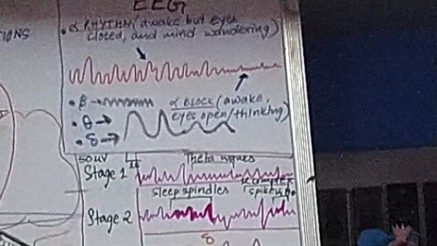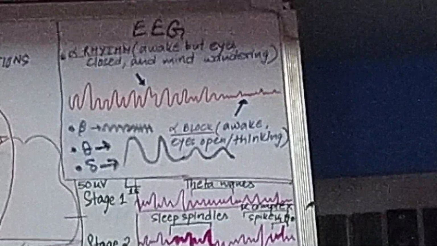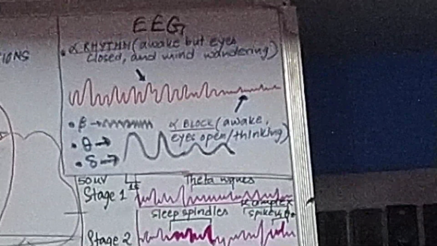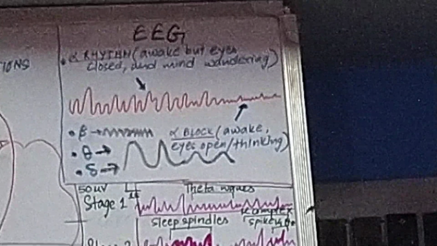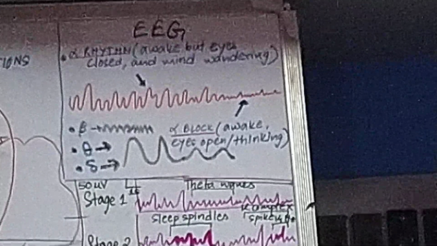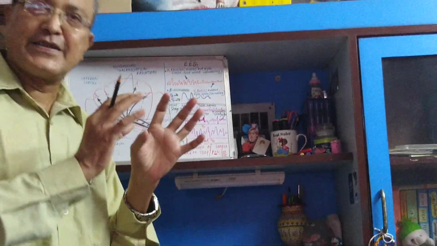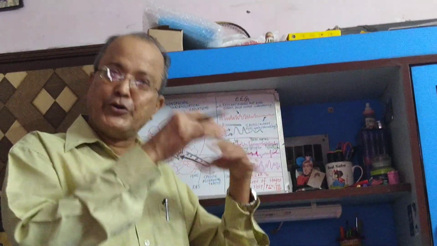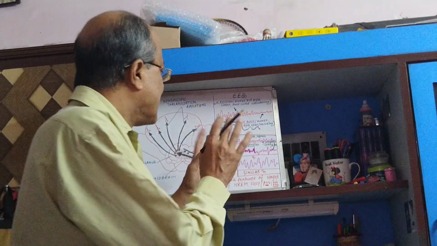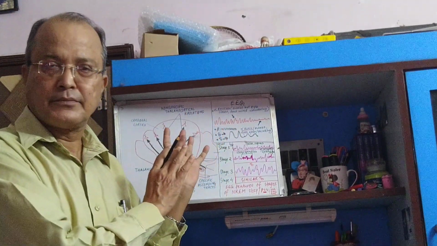So is this clear? So what will be the EEG picture of REM sleep? The EEG picture of REM sleep will be that of alpha block, no doubt about it. Though the eyes are closed, the mind is not wandering. The mind is following some object in his or her dream, and as a result of that attention during dream, the EEG takes the shape of alpha block.